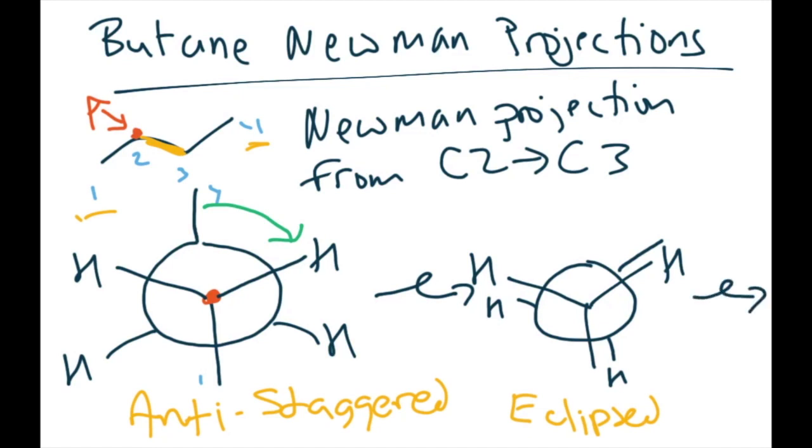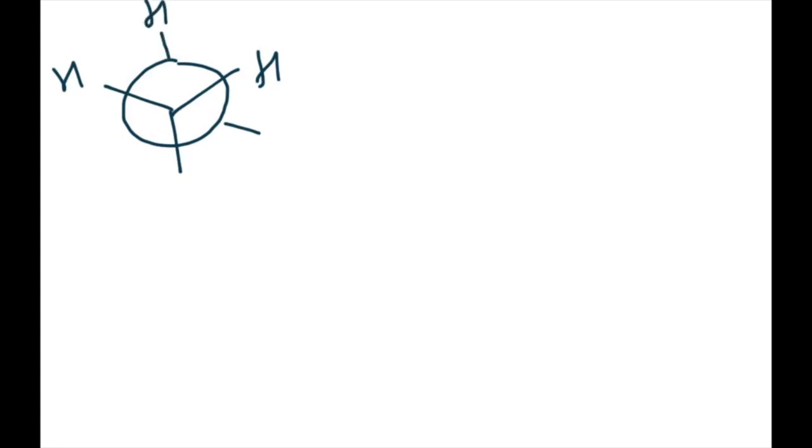I'm going to rotate again. Again, I'm going to grab a group on the back carbon and turn it a sixth of a turn. Front carbon stays the same. And this is a staggered conformation, but it's a staggered conformation that has a special name, because of course it does.